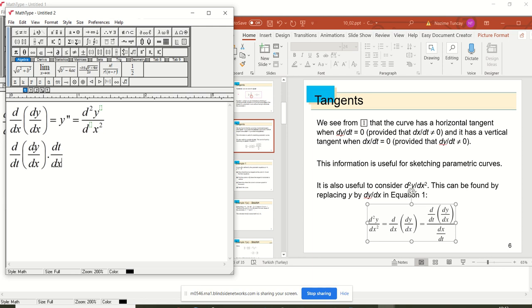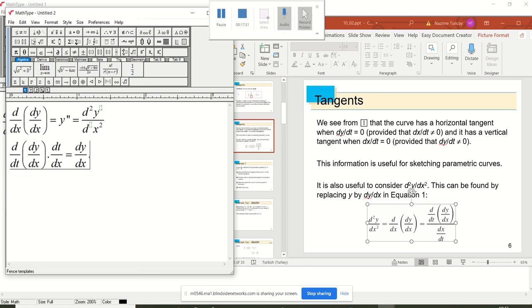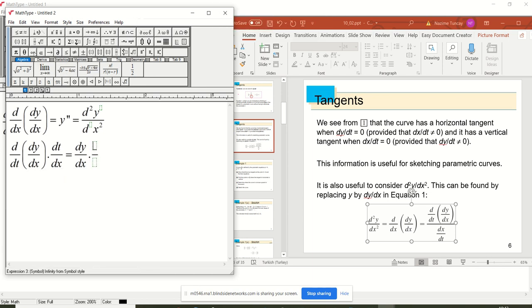Here you see that it's dy over dx, and this in fact is equal to this one. This is dy over dx, multiplied by 1 over dx. This is taking one more derivative.